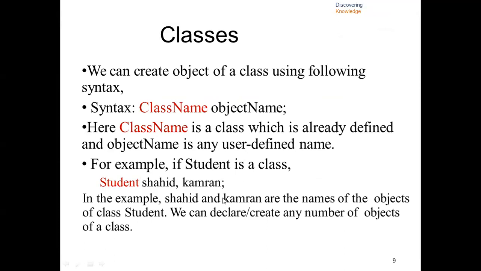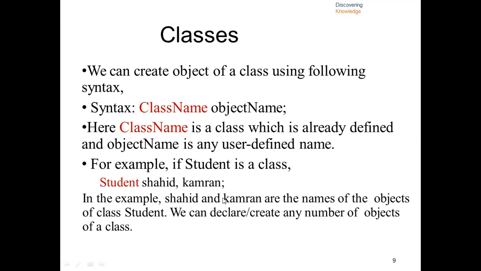When we create objects of a class, the syntax is class name, then object name. If our class name is Shape, and we want to create an object S1, then we write Shape S1. There is also an example with students, Shahid and Kerman. If we want to create two objects, Shahid and Kerman, then we write the class name, then the object names separated by a comma.